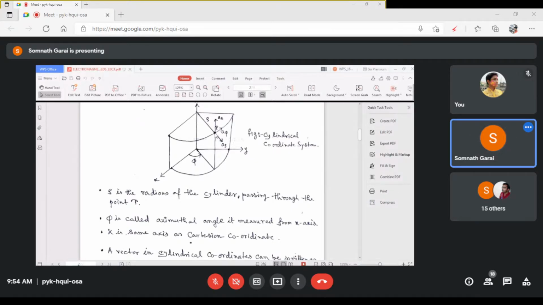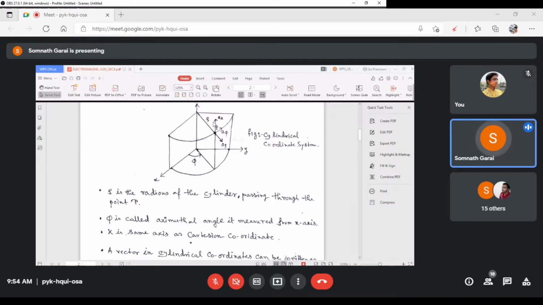And this is the direction of a phi, and this direction is the direction of az. So the unit vector directions of the cylindrical coordinate system are a rho, a phi, and az. These are the three directions of the unit vectors. Got my point? Okay.